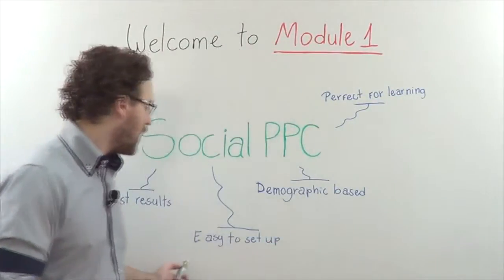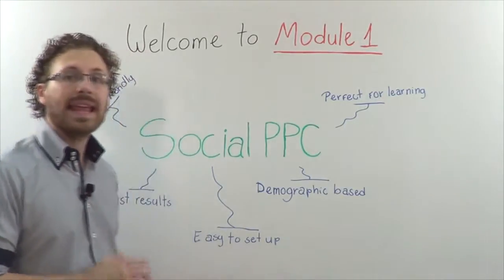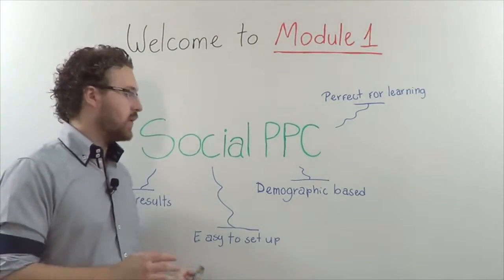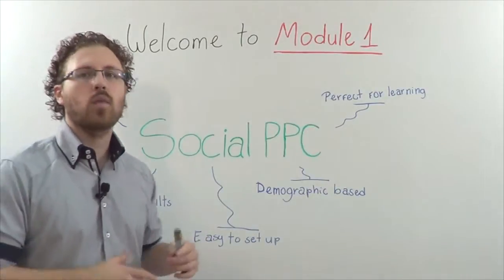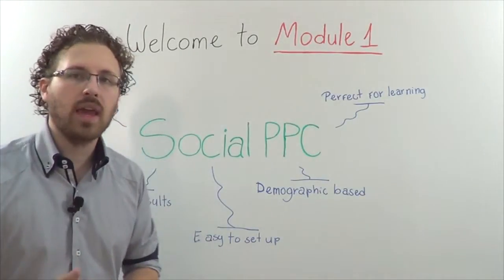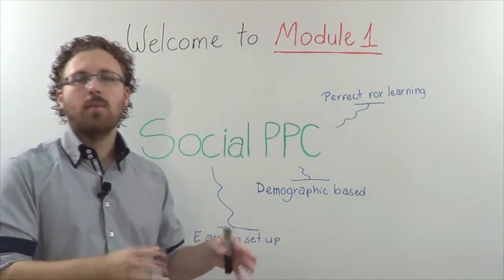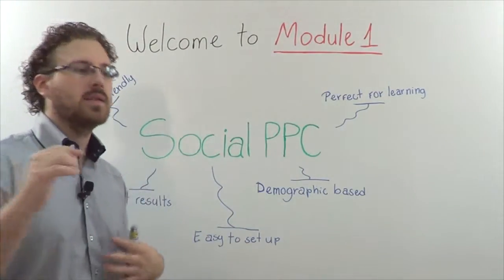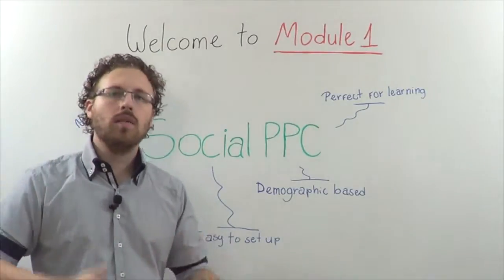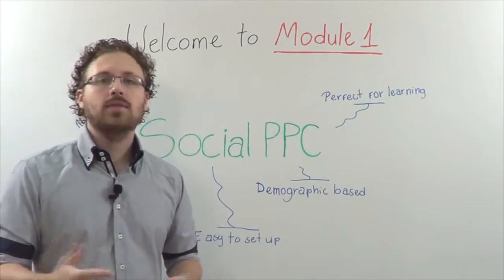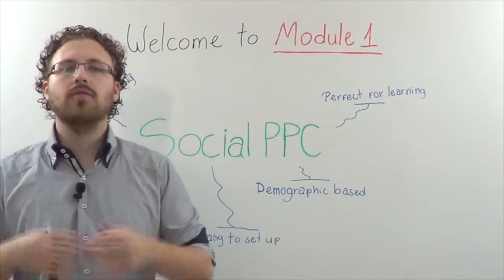All right. Another aspect: the campaigns are really easy to set up. They are not too complex. They do not require things like an opt-in page where people have to go to the landing page and subscribe with their email address, then you have to send them an autoresponder series, then start pre-selling the offers and so on.